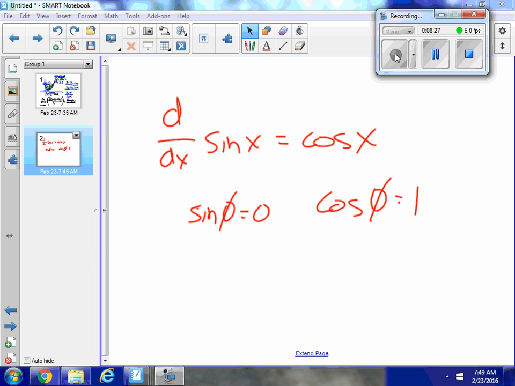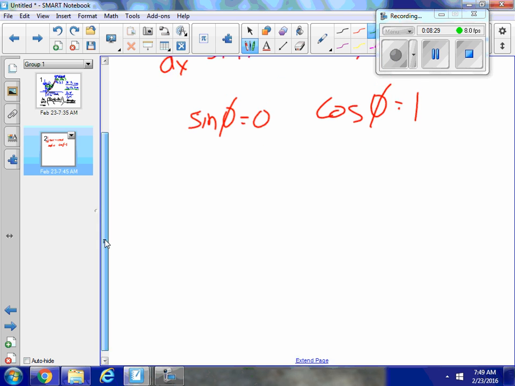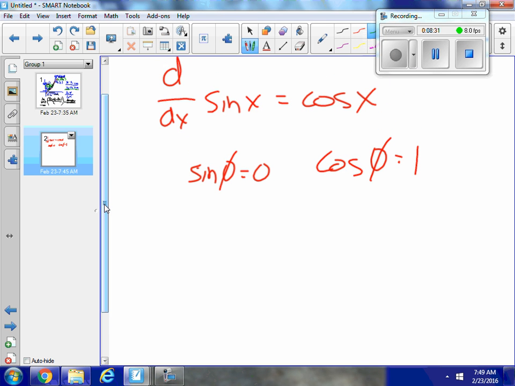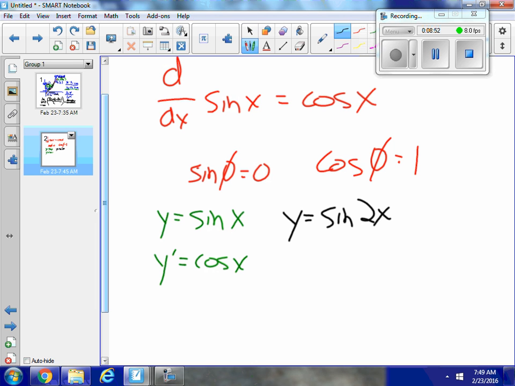Well, let's take that back to the derivative and the chain rule. So if I have y equals sine x, I know that the derivative of that is cosine x. If I have y equals sine 2x, somehow I have to account for that too.